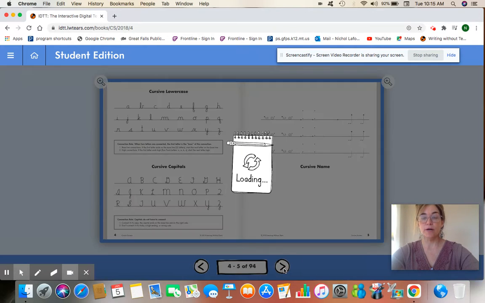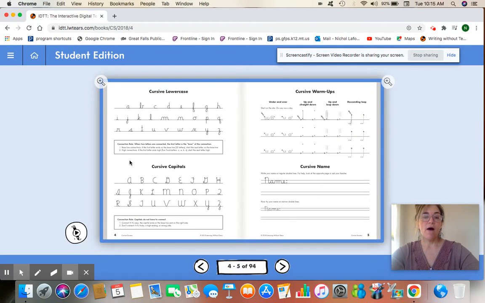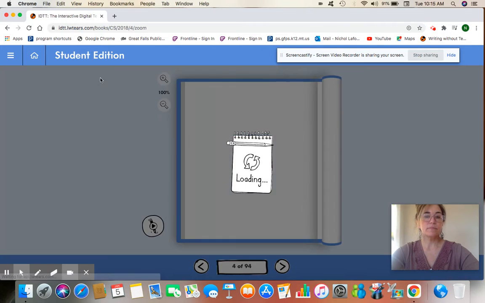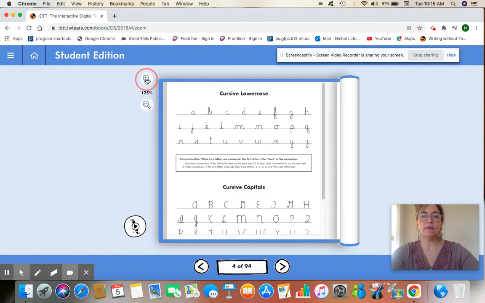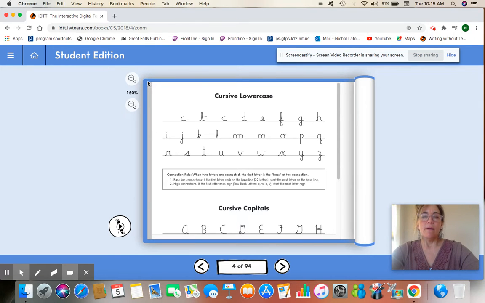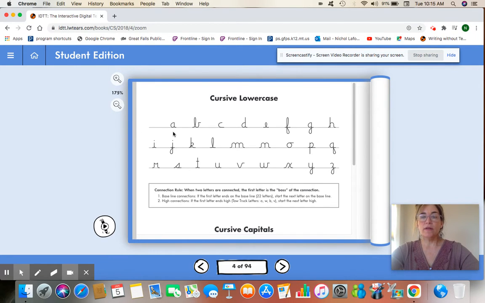Please turn to page 4. On page 4, here is an example of our cursive lowercase letters and an example of our cursive capitals. I'm going to zoom in for a moment because one important thing is that the beginning lowercase letter is always the lead letter.